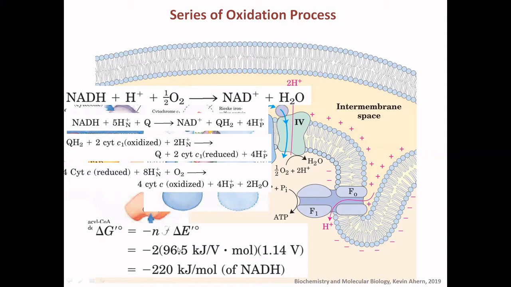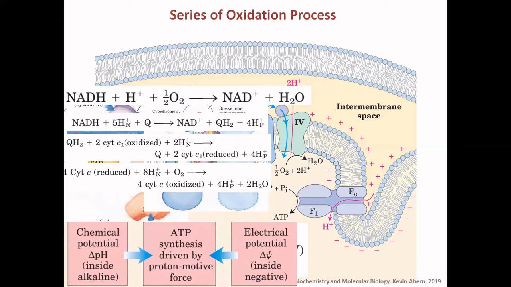So this is 2 into 96.5 kilojoule per volt per mole, and the difference, as I discussed in one of the previous slides, the reduction potential of NADH is minus 0.320, so this is minus from the oxygen reduction potential, oxygen atom 0.8166, minus minus 0.320 equals 1.14 volt. Okay, so total is 220 kilojoule per mole of the NADH. So this is the energy that is released during this process.